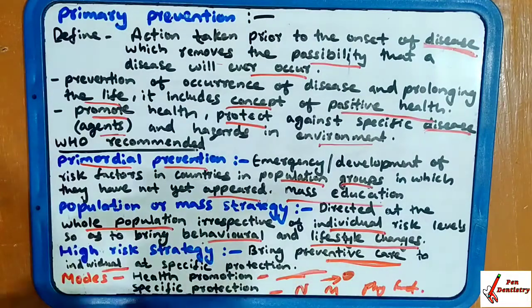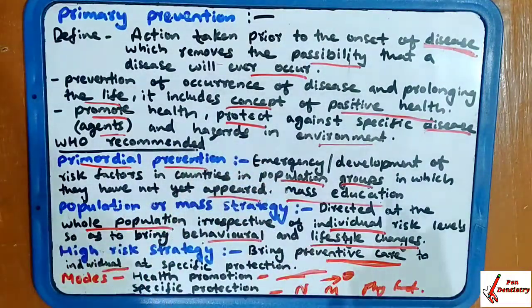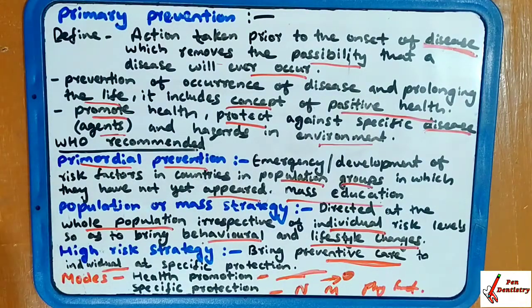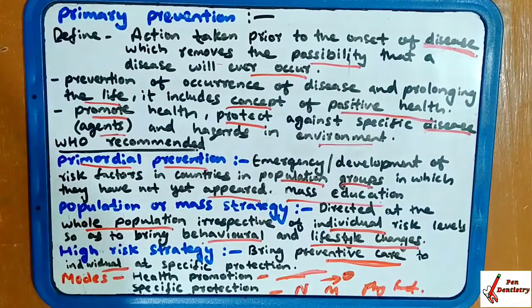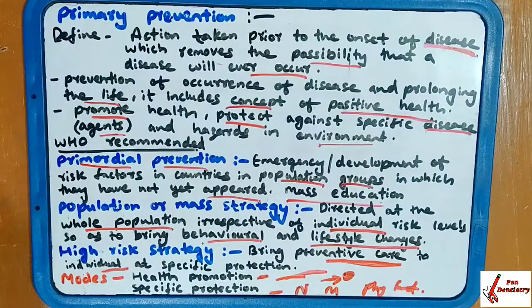It includes promotion of health, prevention of sickness, and curative and restorative medicine in all aspects. That is, you are going to promote health, prevent sickness, restore and cure. In health promotion, you promote health without being particular to health education, nutrition and behavioral changes. This was the primary prevention of preventive dentistry.